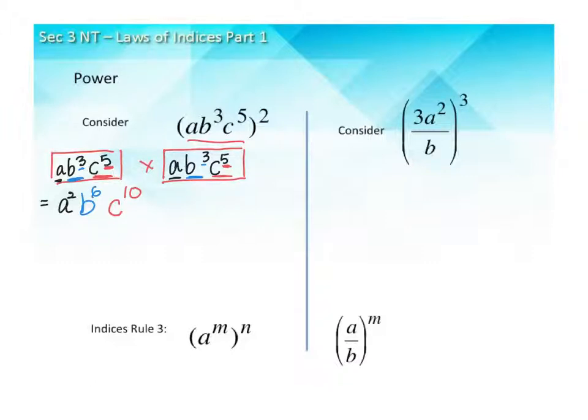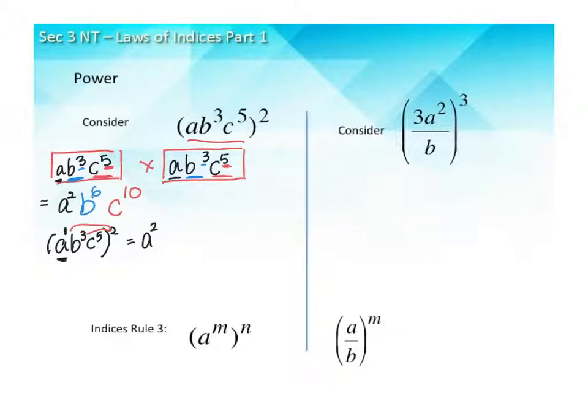So what is the effect of the power? When I have a, b cubed, c to the power of 5, whole thing squared, it means I need to square the individual terms. So I'll have a to the power of, originally this is 1. It will become a squared. How did I get a squared? I take a to the power of 1 times 2. And I need to look at my second letter, b to the power of 3.